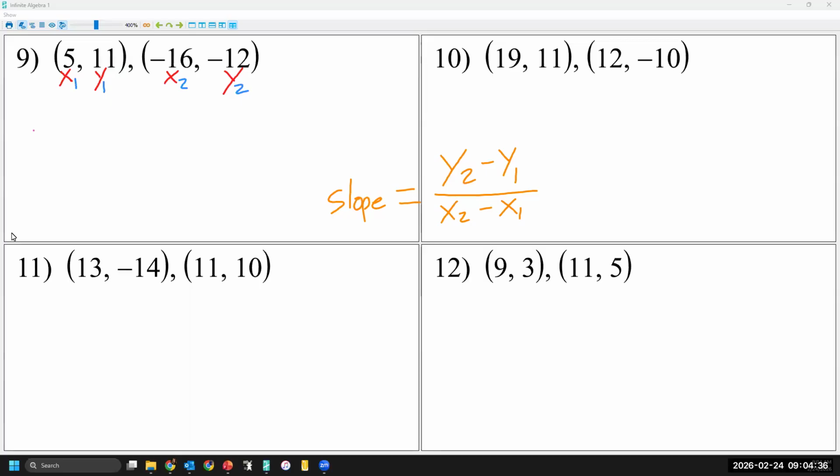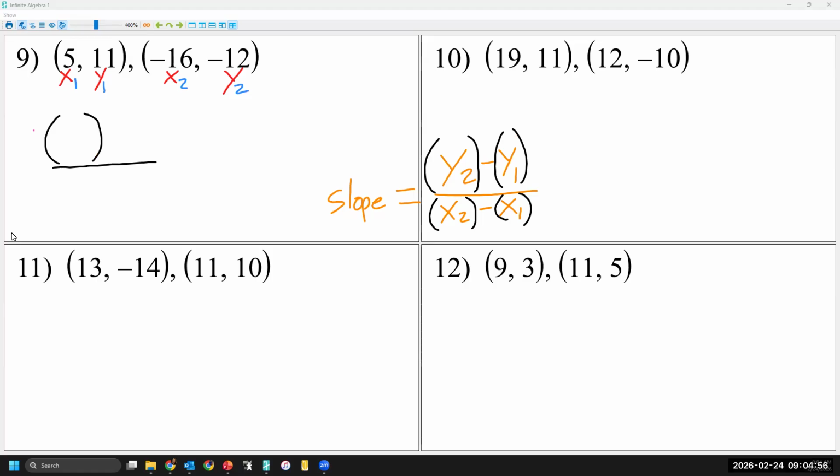Once I do that, all I have to do is plug them into their correct spots. Now, here's my formula over here in orange. I'm going to pencil in some parentheses around each one, just to show where to plug these in.